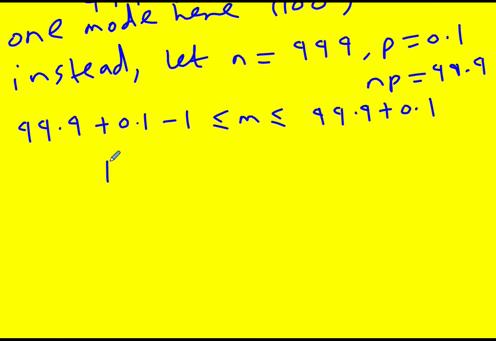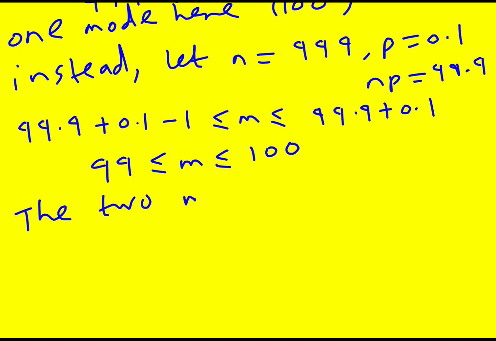So it's going to be 99 is less than or equal to m, less than or equal to 100. The two modes are 99 and 100.